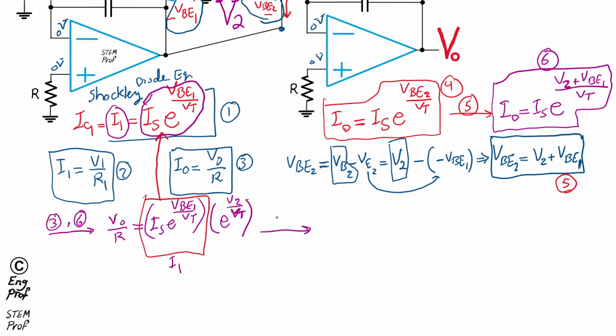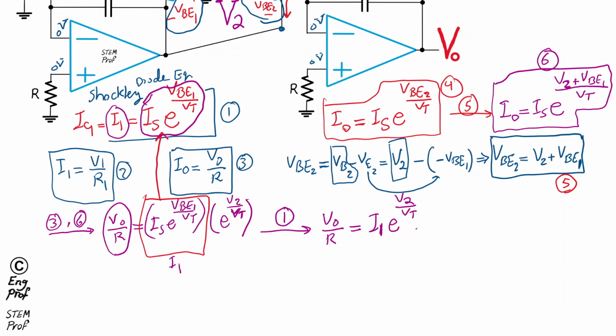So substituting using what we found in equation 1, we get therefore V out over R, the left-hand side, equal to I1 e to the power V2 divided by V thermal.